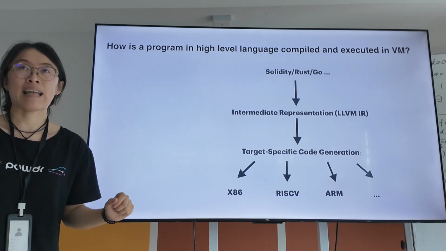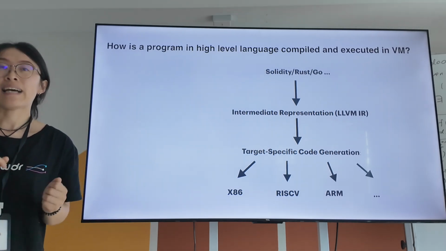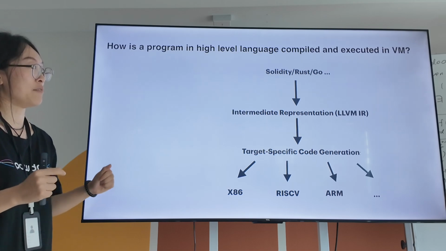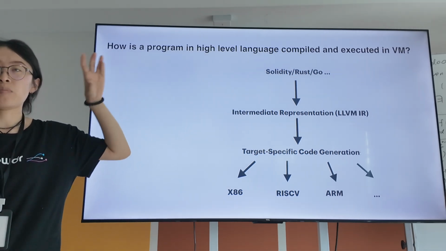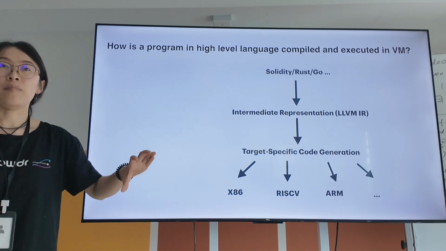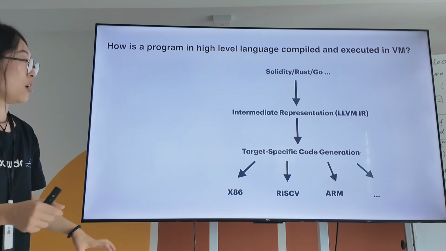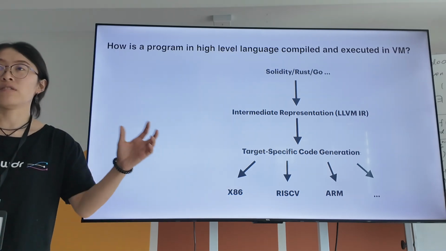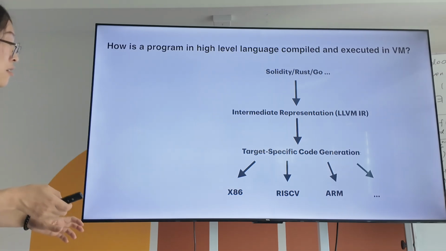LLVM is now very popular because of its flexibility. It allows you to use different high-level languages, and it supports multiple platforms. Multi-platform here means different architectures of the VM. And it also has a lot of optimization choices.